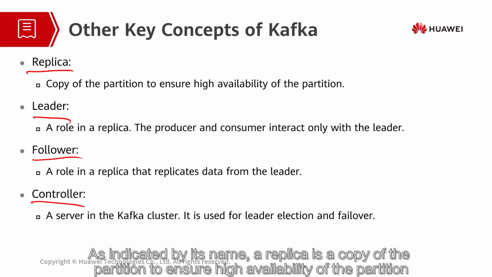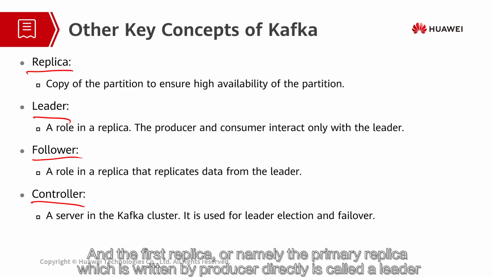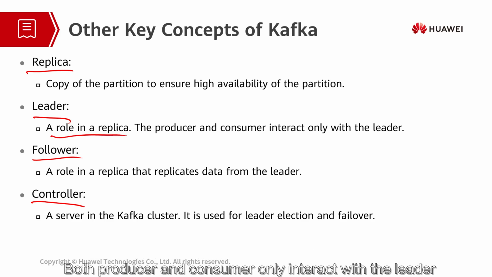As indicated by its name, a replica is a copy of the partition to ensure high availability of the partition. And the first replica, or namely the primary replica, which is written by the producer directly, is called a leader. Both consumer and producer only interact with the leader.